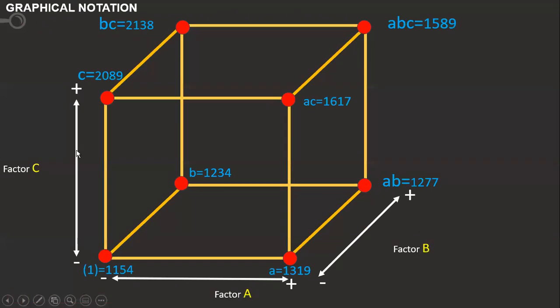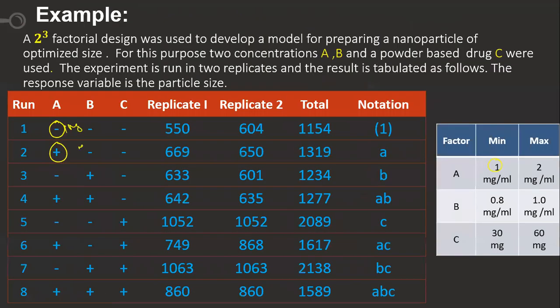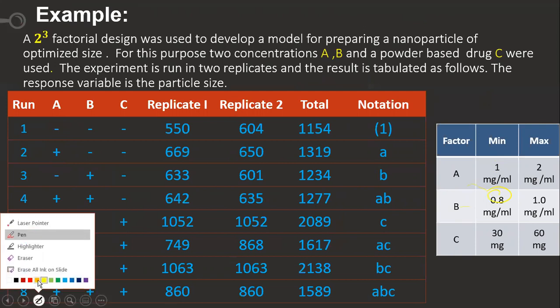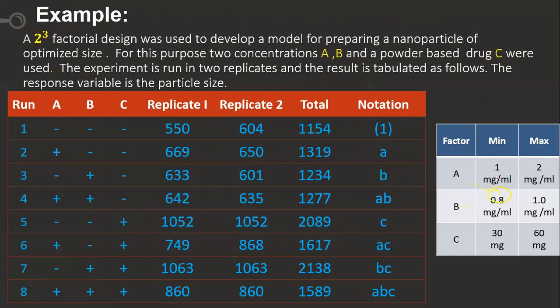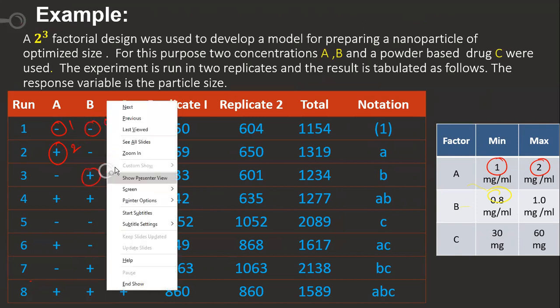So for A, the minimum is 1 and the maximum is 2. For B, the minimum is 0.8 and the maximum is 1.0.